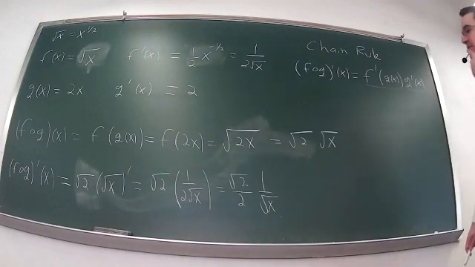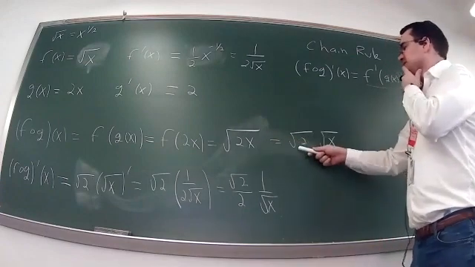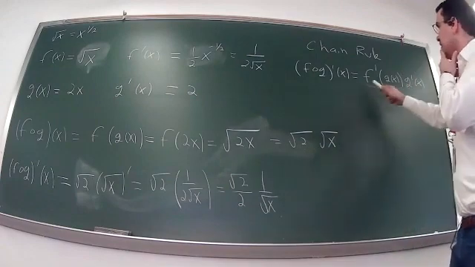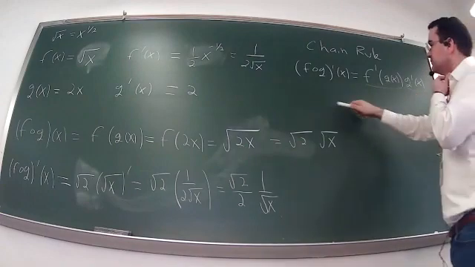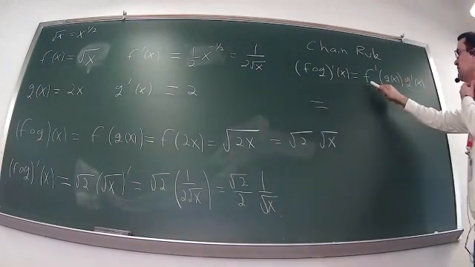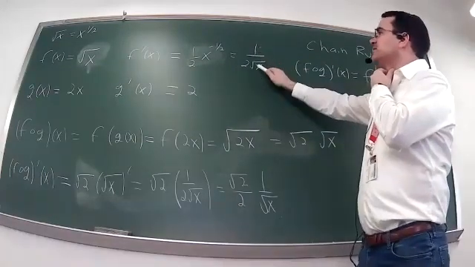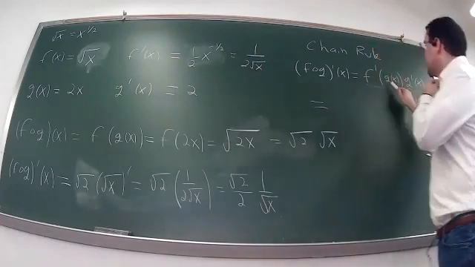Yeah, so f composed with g is the square root of 2x. It's square root of 2 times square root of x. Here's the derivative of that. On the other hand, it's supposed to be the derivative of f, but plug in g of x. So here's the derivative of f, f prime of x, and I'm plugging in g of x.